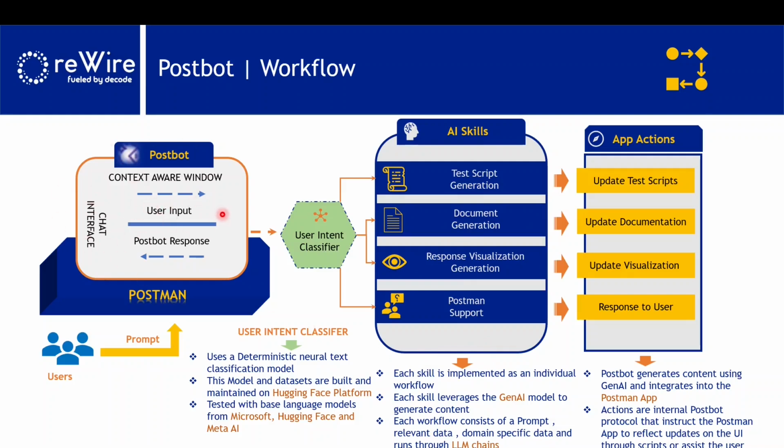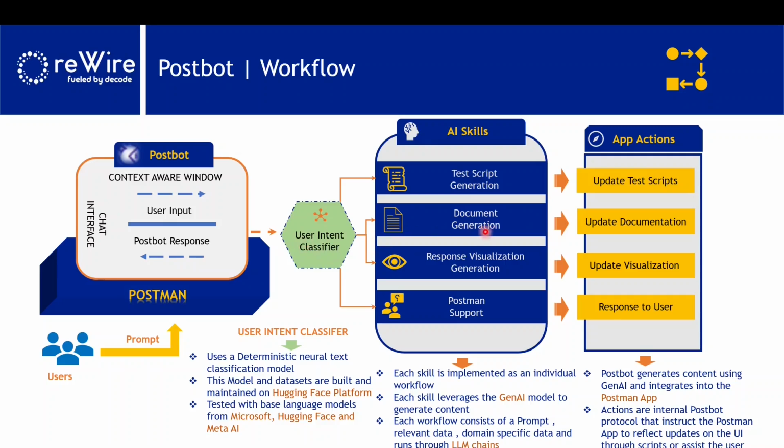Based on the information given by the user and the context in which Postbot is open, that will be learned by the user intent classifier and mapped to these skills. Further, these skills are converted to the respective actions. If it is a test script, the input comes to this one and it will generate the test scripts.